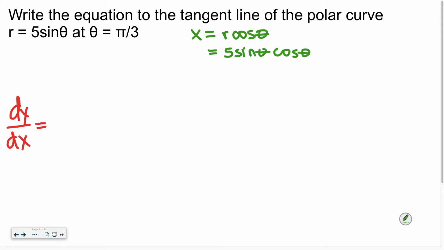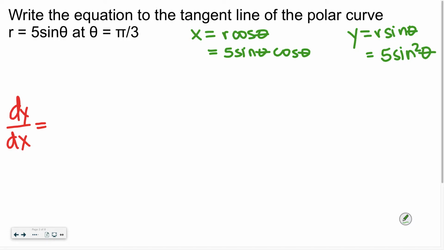I would concur. Y is our sine theta, which would be 5 sine squared. Again, concur. How'd you get sine squared? Because r is 5 sine theta times sine theta. I'm just going to make sine times sine squared. Okay, I get it. You're seeing it? Okay. Excellent.